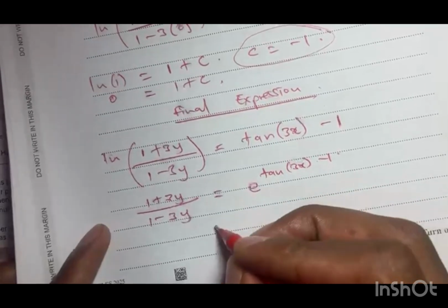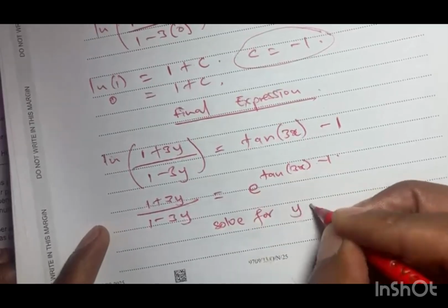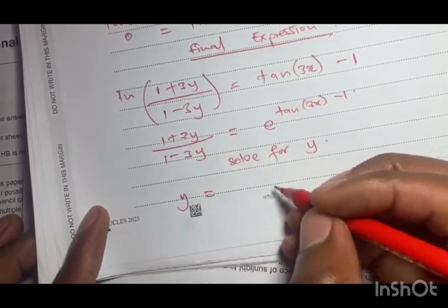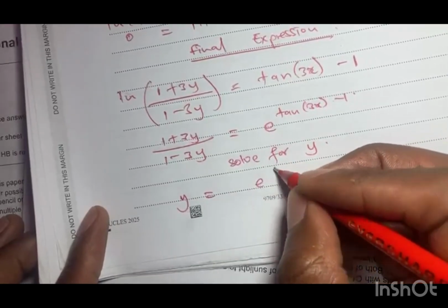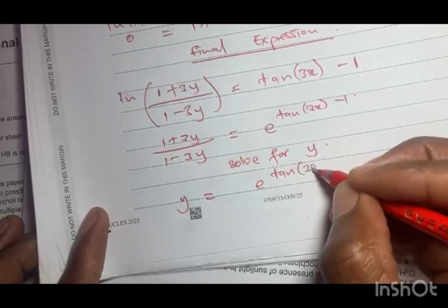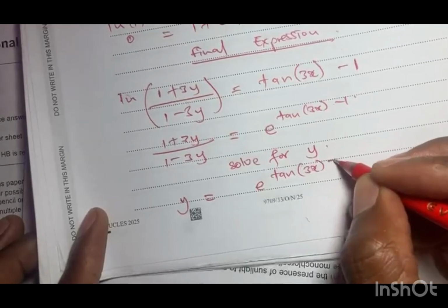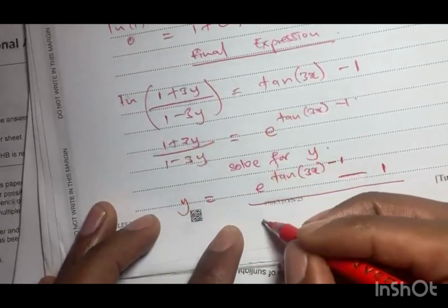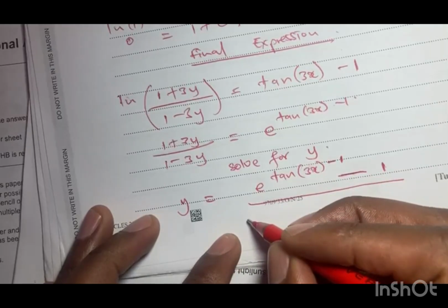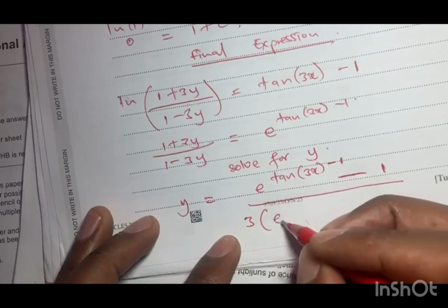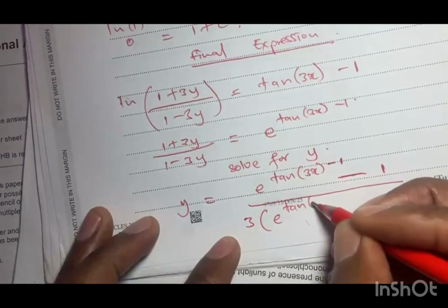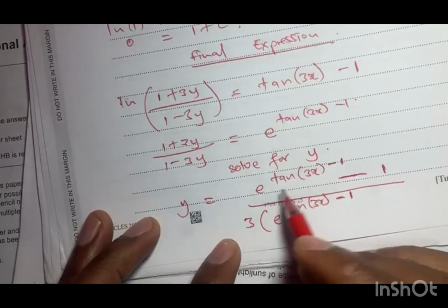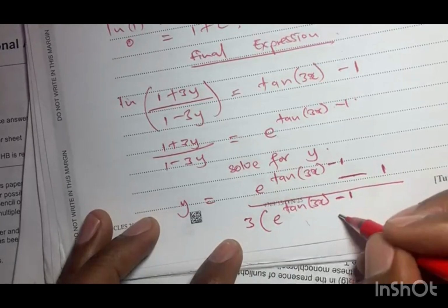So to solve for y, because I'm supposed to leave my expression in terms of y, I'll get y is equivalent to exponent of tan 3x minus 1, minus 1 here, over 3 open bracket exponent of tan 3x minus 1, plus 1 down here.